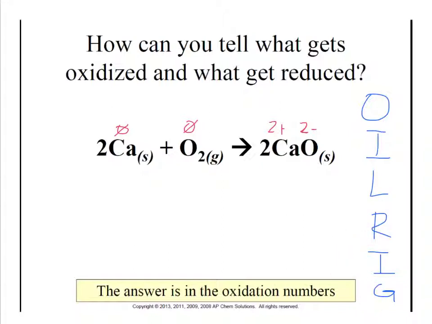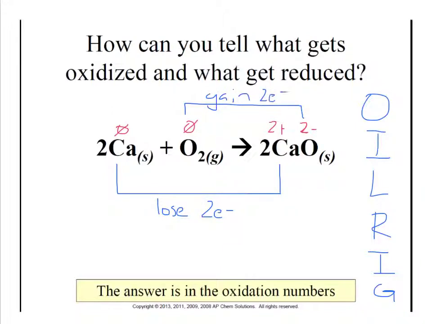So in order for calcium to go from 0 to 2+, what would it have to do? It would have to lose 2 electrons. And in order for oxygen to go from 0 to 2-, it would have to gain 2 electrons. So what that tells us then is that calcium was oxidized and oxygen was reduced.